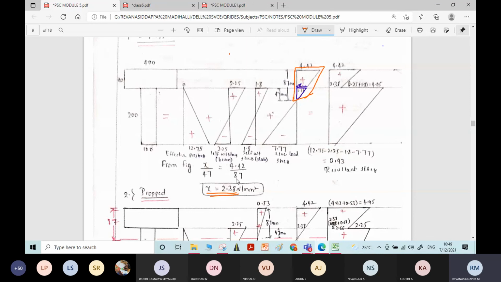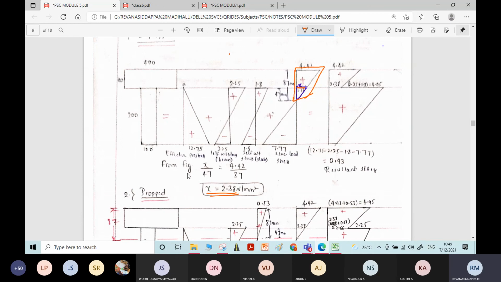Is that clear, Arjun? Yes, sir. We have taken the properties of similar triangles. This small triangle and the full triangle are both similar triangles. So the base width of the smaller triangle, x, divided by the corresponding height is 47.